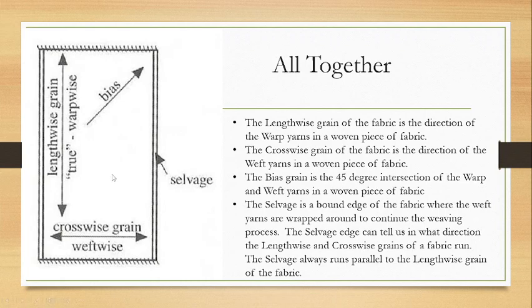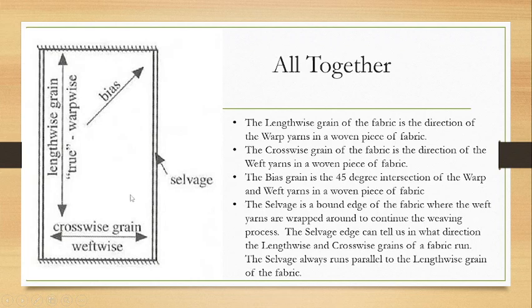In addition, we have the selvage. Now the selvage is created when we put our weft yarns in through our warp yarns. What happens is we'll put in a weft yarn, it'll go across like this, and then when we reach the end it wraps around and goes the other direction, and then we get here and it wraps around and goes the other direction, wraps around, goes across, and so on and so forth.